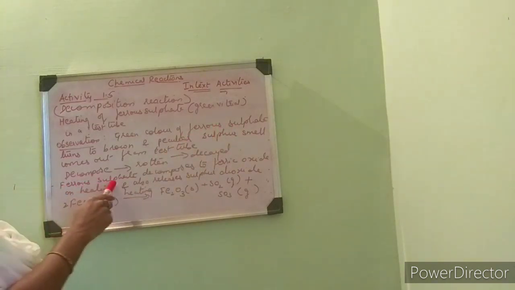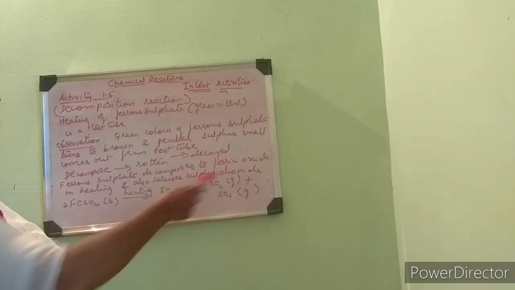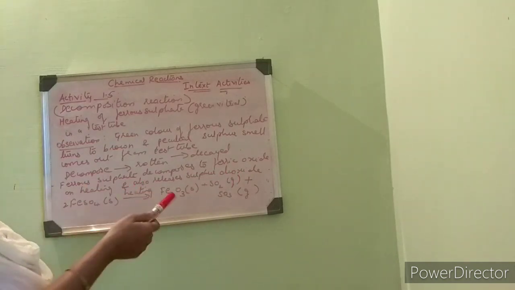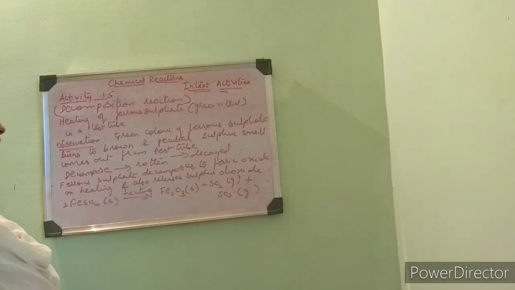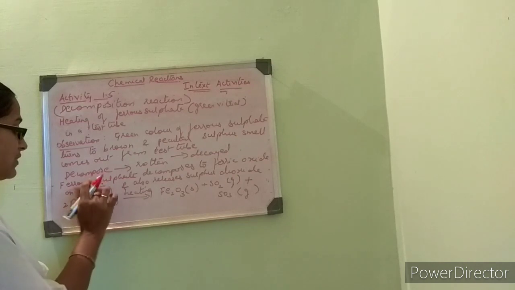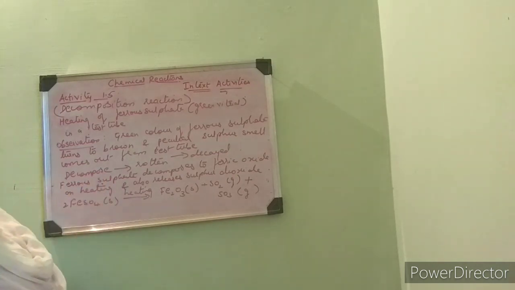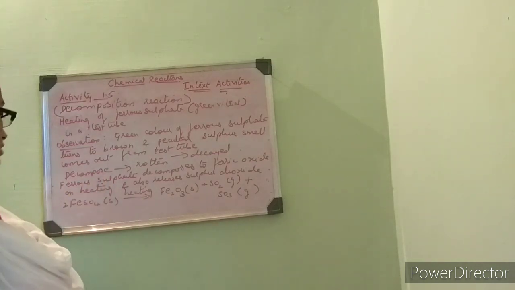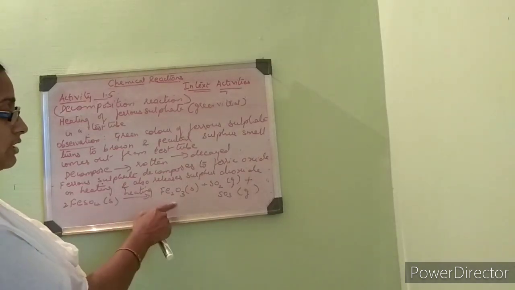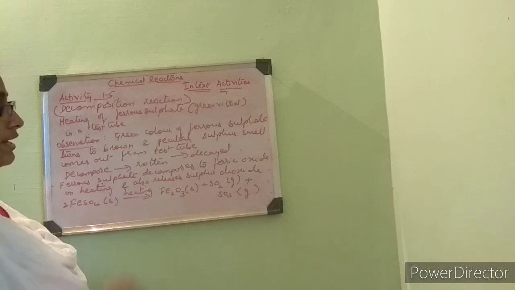So ferrous sulfate decomposes to ferric oxide. What does ferrous sulfate on decomposition become? It becomes ferric oxide on heating, and it also releases sulfur dioxide. Sulfur dioxide is not so good in smell. So ferrous sulfate on heating gives rise to ferric oxide and sulfur dioxide.